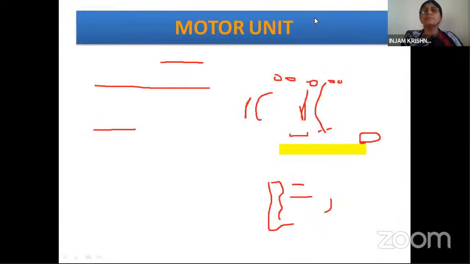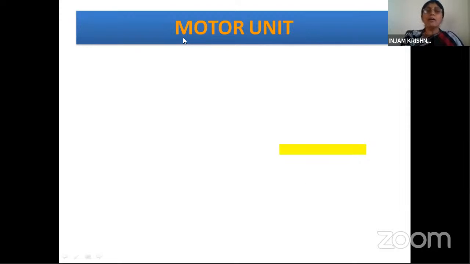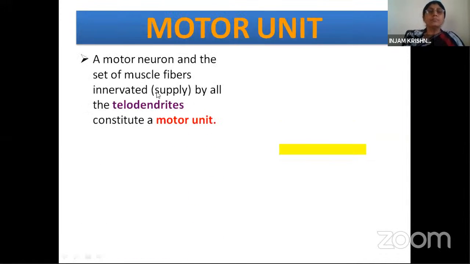Next, another concept, that is motor unit. What is a motor unit? A motor neuron and the set of muscle fibers innervated, meaning supplied, by all its telodendrites constitute a motor unit.